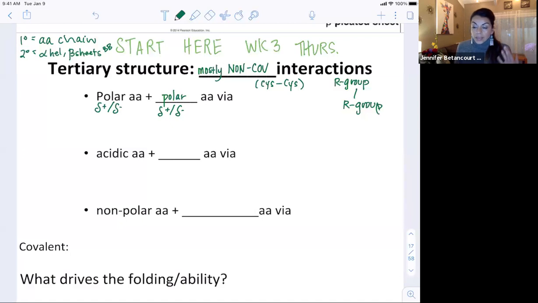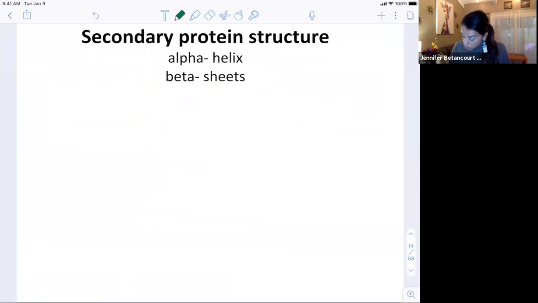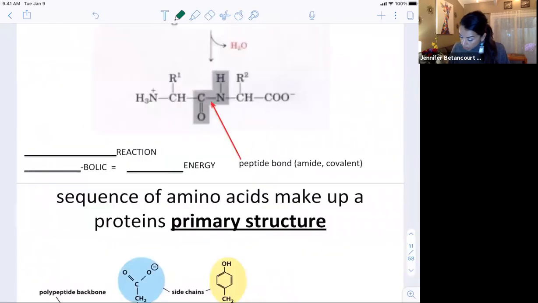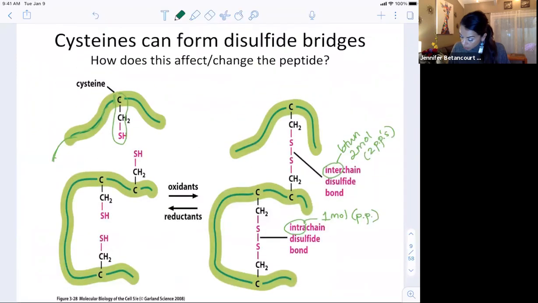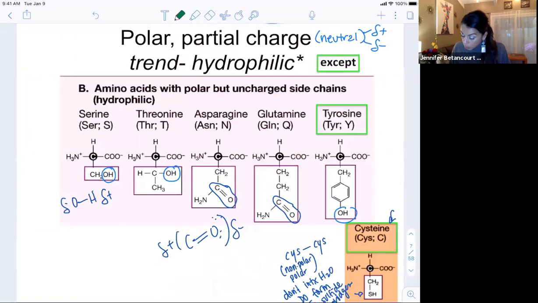If you go back to the polar category, let's keep going.